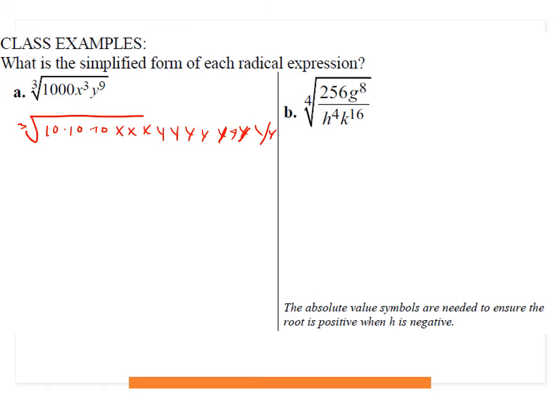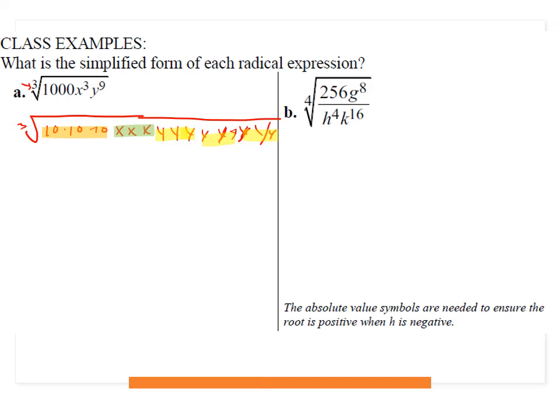Okay. So again, the index tells me what kind of groupings I'm looking for. So here I have a group of 10, one group of 10. I have a group of x, and I have 1, 2, 3 groups of y's.